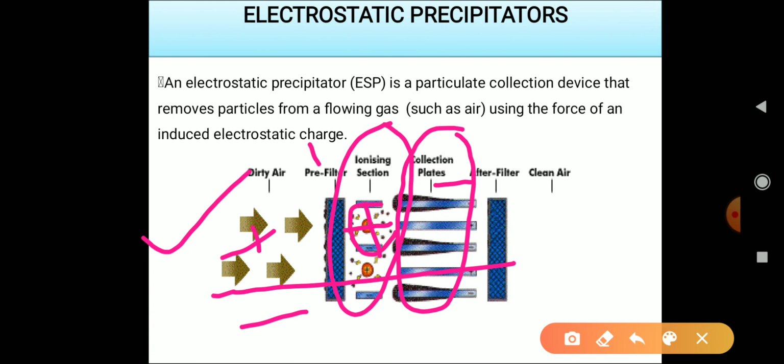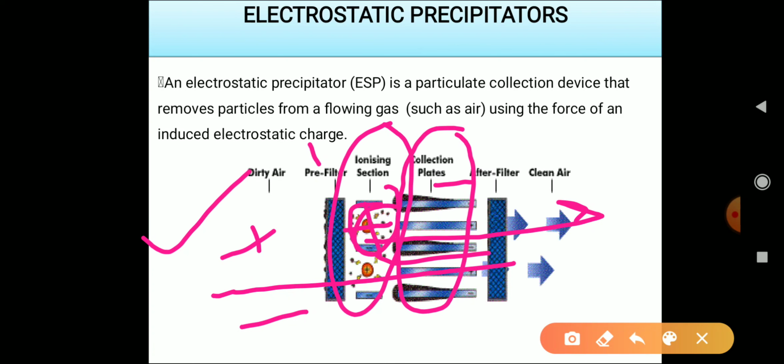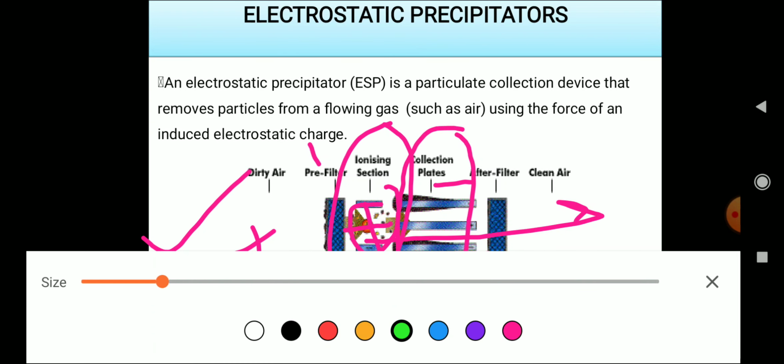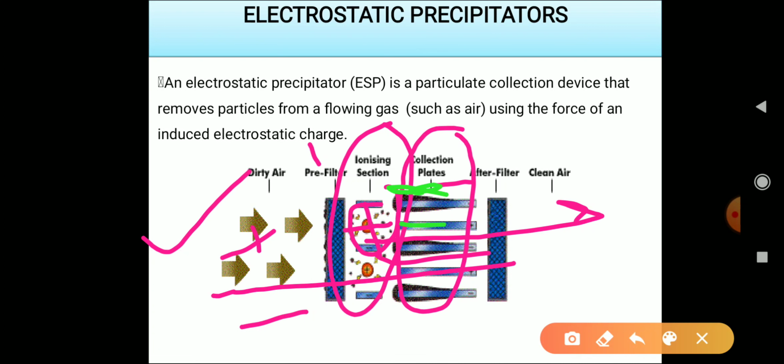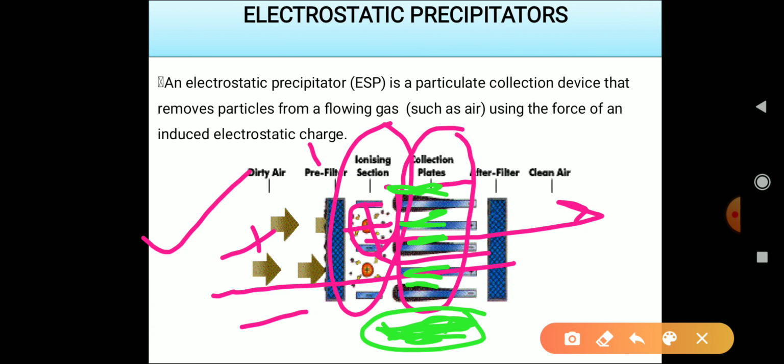If these plus charges are going outside this way, they will get attracted and deposited on these plates, which can later be hammered and collected, and which can be dumped or reused.